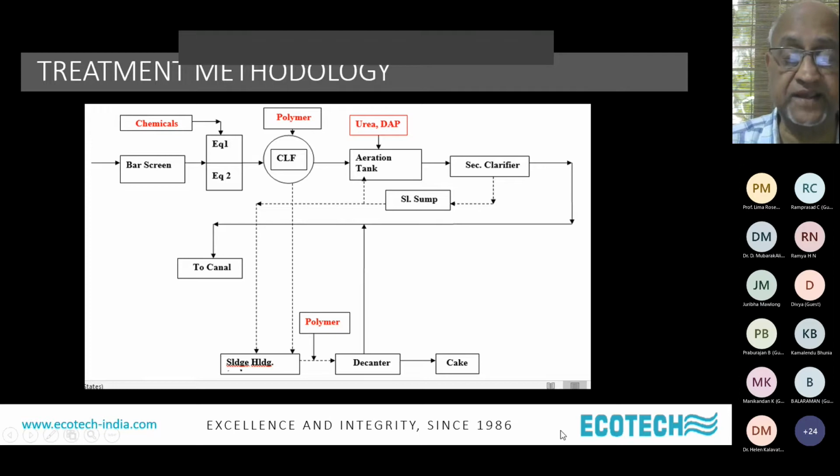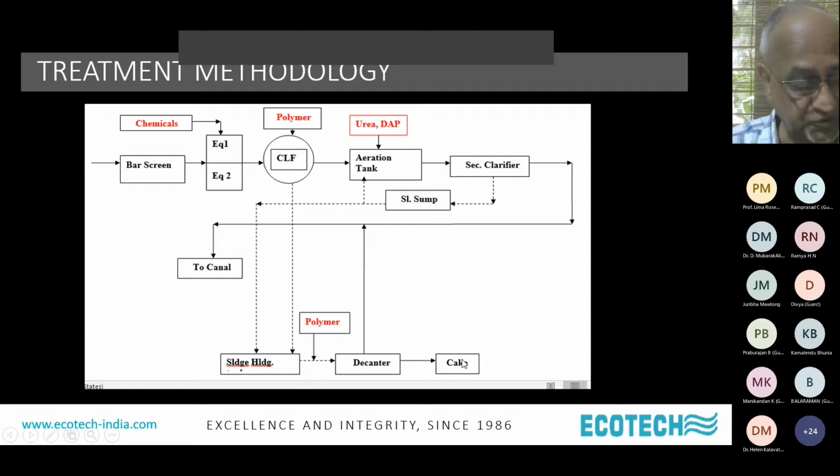And the decanted sludge cake, you have to further dry it and dispose of it. Since this solid contains a lot of chemicals, it will be characterized as hazardous waste, and it will have to be disposed of under the category of hazardous waste disposal.